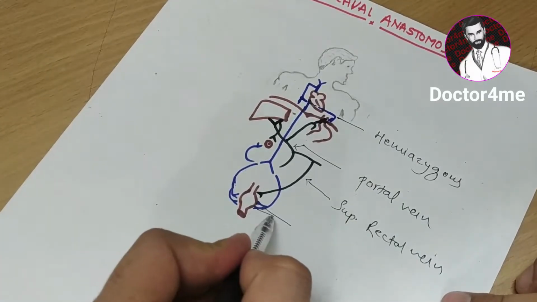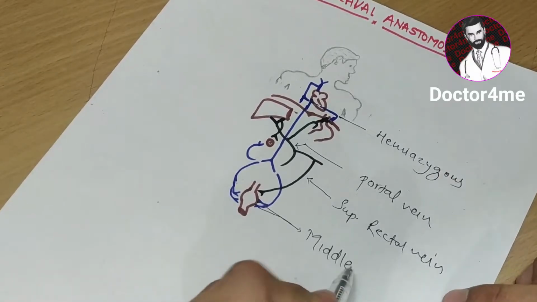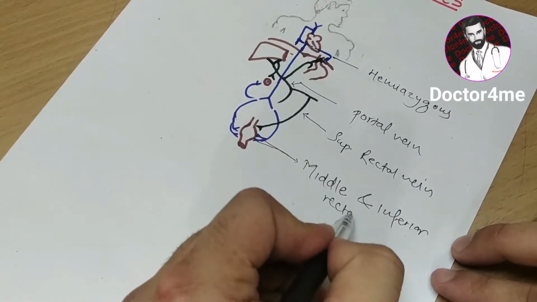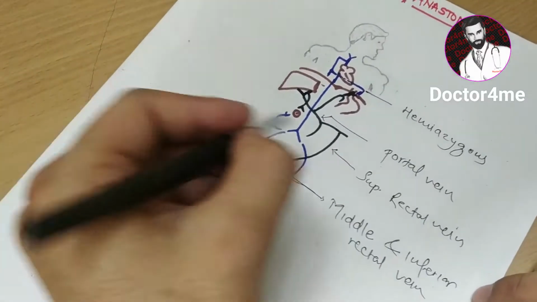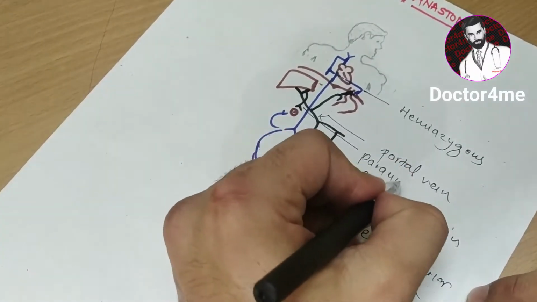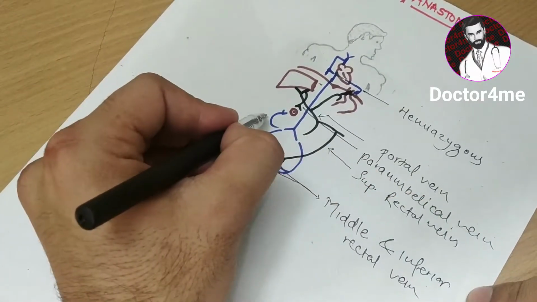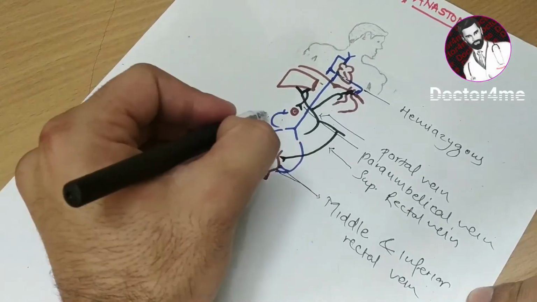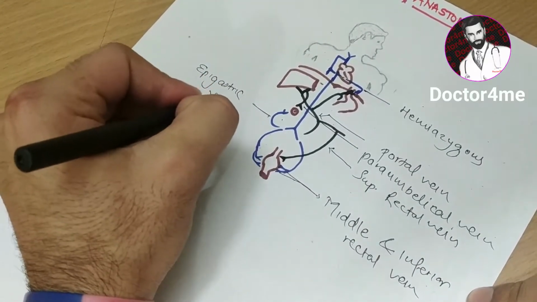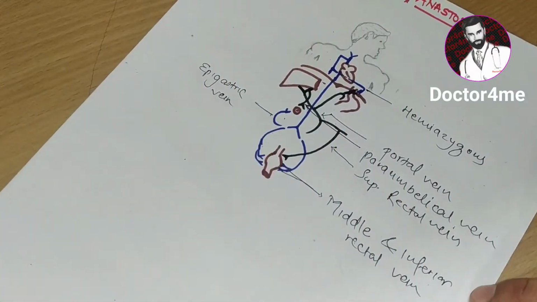This is the middle and inferior rectal vein. This is the paraumbilical vein. This is the epigastric vein. And this is it.